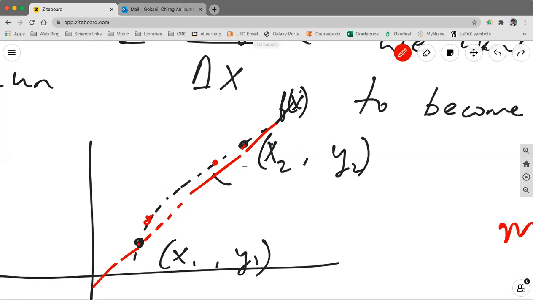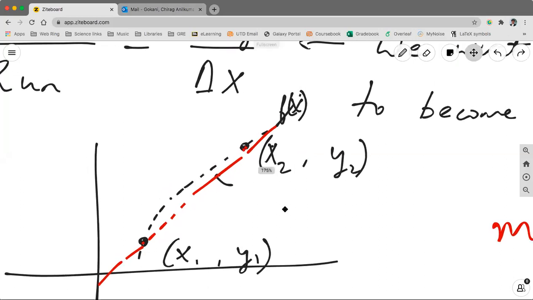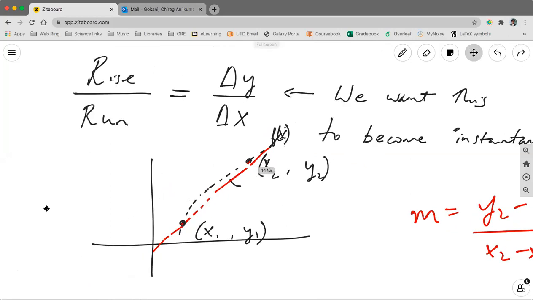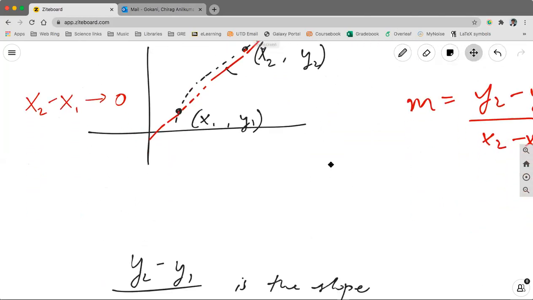So what we need to do is we need to minimize this difference. We need to shrink this distance between x1 and x2 down to 0. In other words, the difference, x2 minus x1, we want to become 0. And I just showed you this idea of the limit, right?